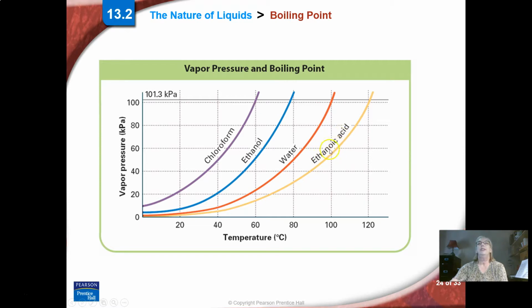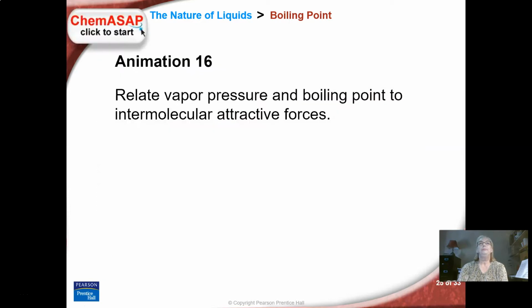They're very attracted to each other compared to water. And then ethanol has less attraction to each ethanol molecule to another ethanol molecule, so it can boil. And this chloroform has even less attraction to another chloroform, so it can jump up into the gas phase. So the attractiveness of molecules for each other will affect the boiling point.